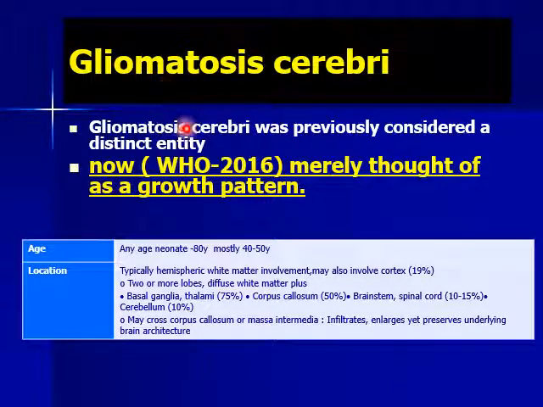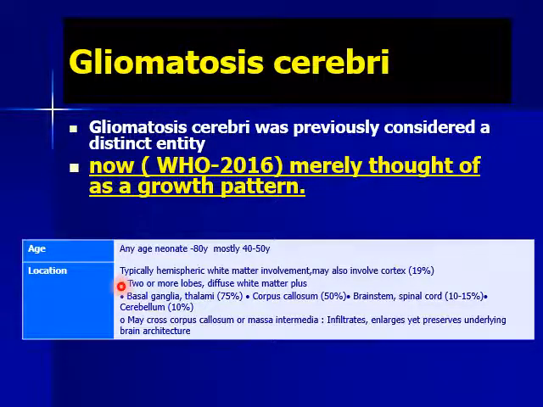Gliomatosis cerebri was previously considered as low grade, WHO grade 1 to grade 2, but now it can occur from grade 1 to grade 4, but it is a pattern of growth. What is meant by a pattern of growth? There are criteria to tell that we have a gliomatosis cerebri pattern of growth of glioma.